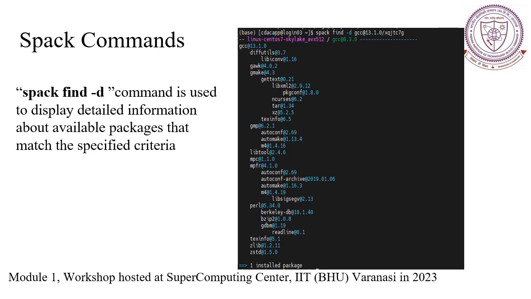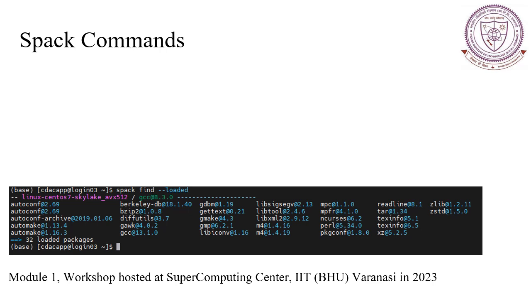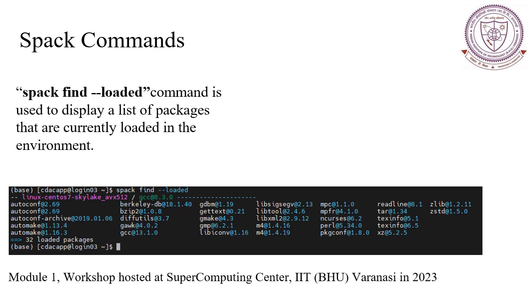So it gives the list, and it also tells this package is installed with all these dependencies, and we can see each dependency is of its own version. So here we can do Spack find -d then package name. We have done it for GCC, and similarly we can do it for others.